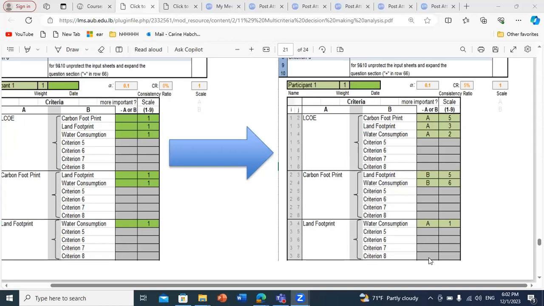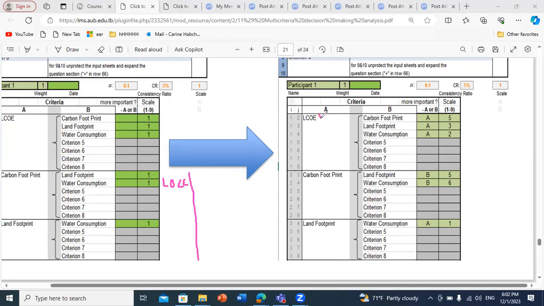Okay, in this table I have the results of the questions. So now what I have to do is to construct first the scores, the matrix of scores. Okay, so I will put the following. I will put the options. I have LCOE. Okay, and you can name them to simplify.